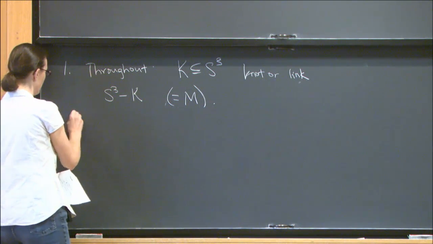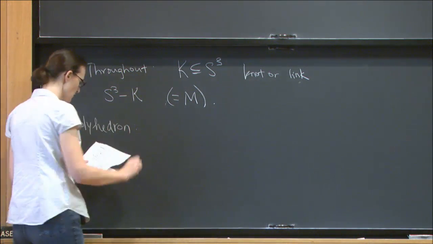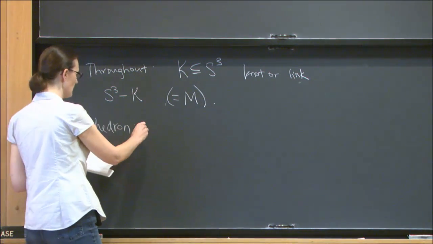So a polyhedron, let me just say, what do I mean by this? I mean a ball with extra information on its boundary.